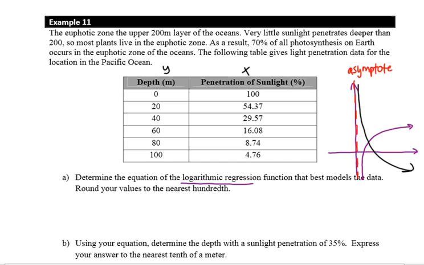In a log graph, it's always natural log of x. Can you take the natural log of 0? No, it's not possible. So we're going to use this one as x and this one as y. If you try it the other way, it's going to give you an error. It won't let you do it.